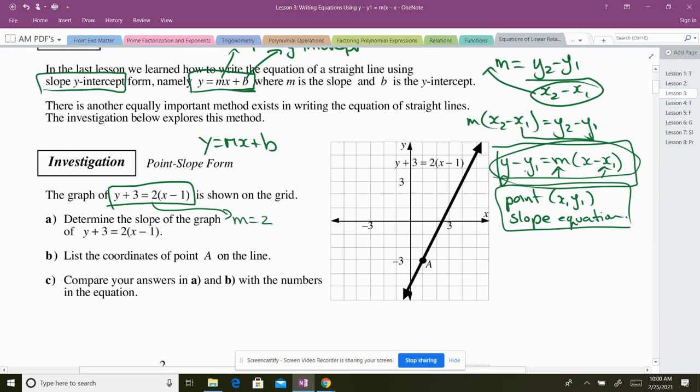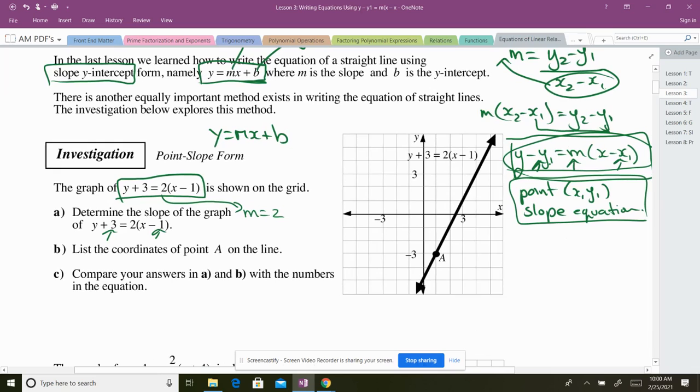What's the point? It's x1, y1. So what are my points here? You're looking at those two numbers. So what point does it go through? The x value is 1.